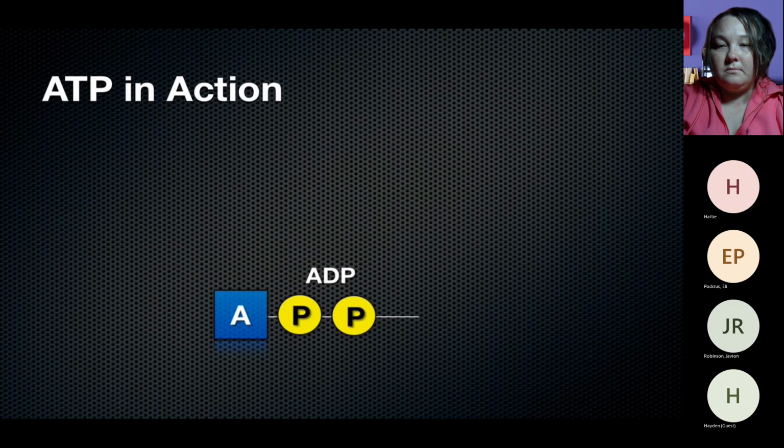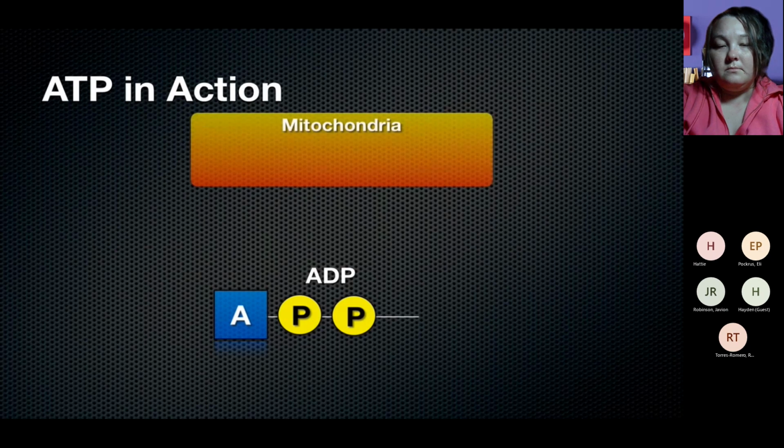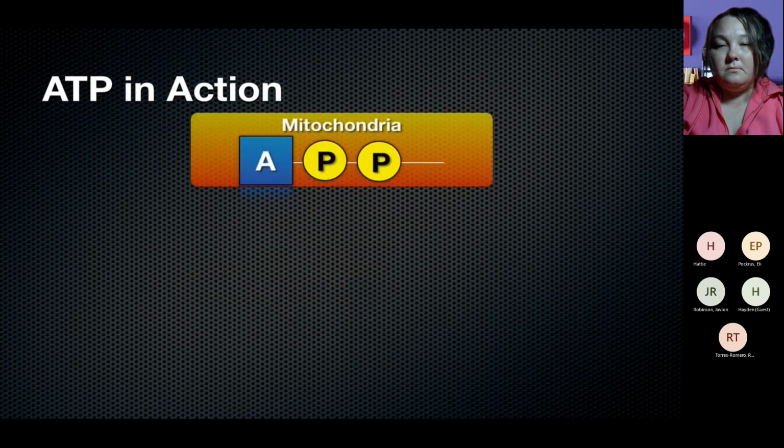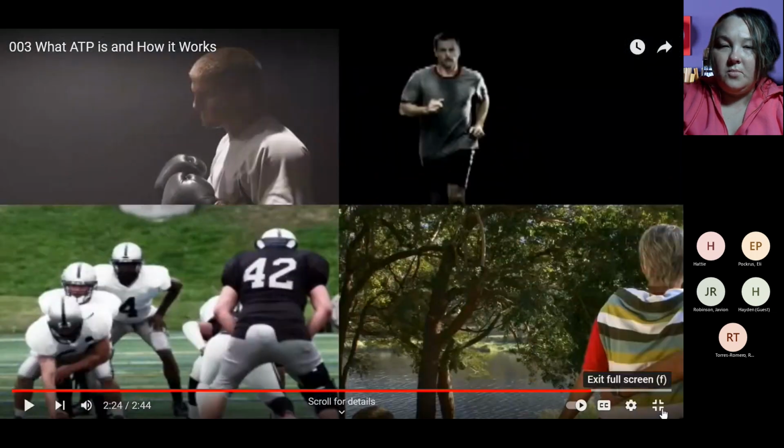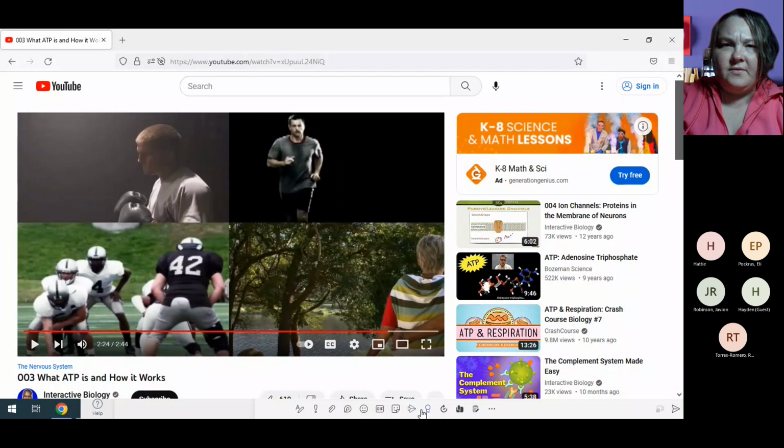In order to do this in the cell, we need a very special organelle called the mitochondria. ADP then goes to the mitochondria, and the ADP gets recharged by the mitochondria adding another phosphate on, and it's now ATP again.